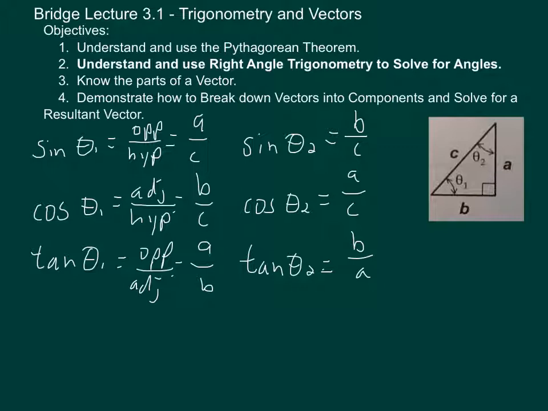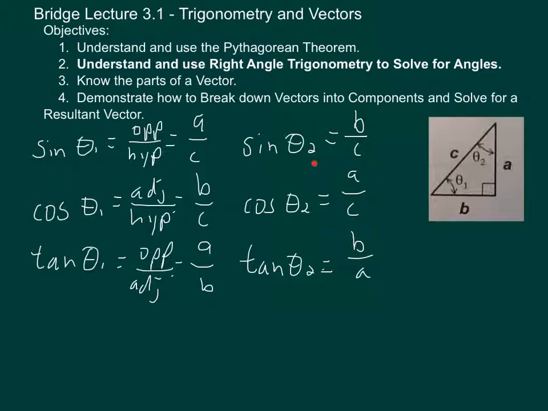So now, what we're saying is the sine of theta 1 is a ratio between the opposite and the hypotenuse. So the sine of theta 1 will be a ratio of a over c. And that ratio, which will always be less than 1, can be converted into an angle.